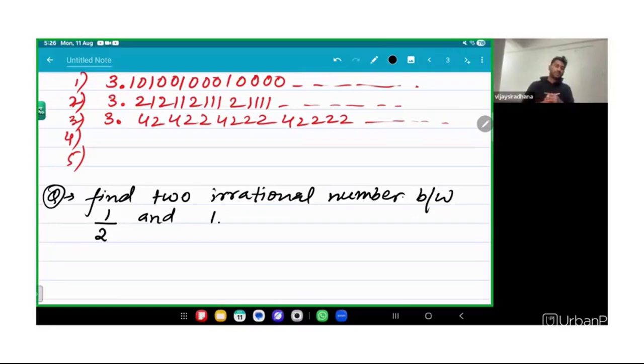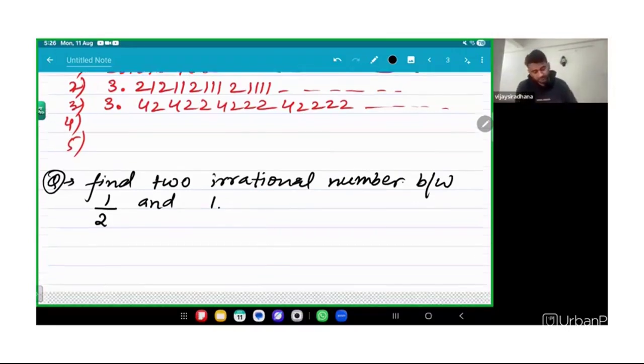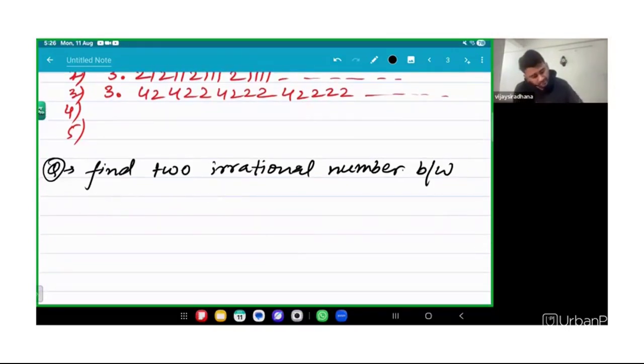How will you approach this kind of question? Or to be more specific, between 1 by 5 and 1 by 2. So this is something in fraction, right?